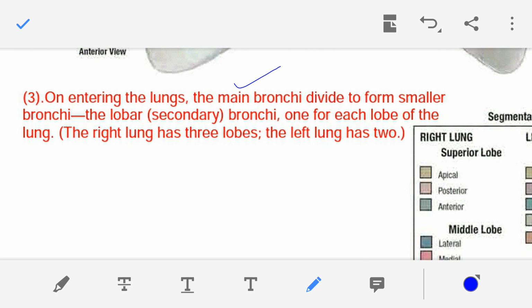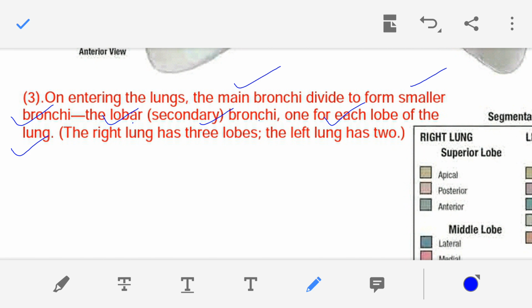So after entering both lungs, the main bronchi further divide into smaller bronchi, and these smaller bronchi are known as the lobar or the secondary bronchi. The lobar or secondary bronchi are one for each lobe of the lung.